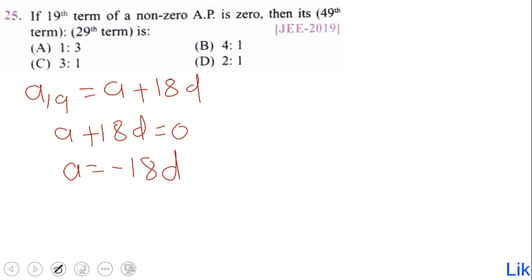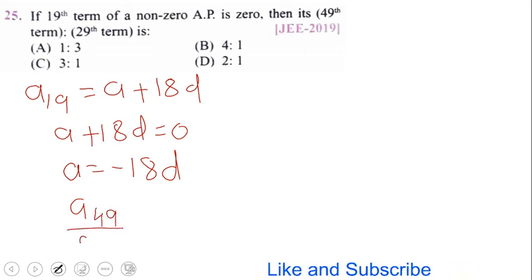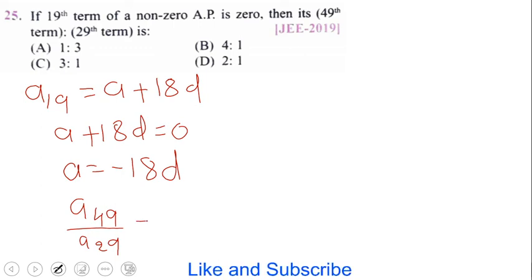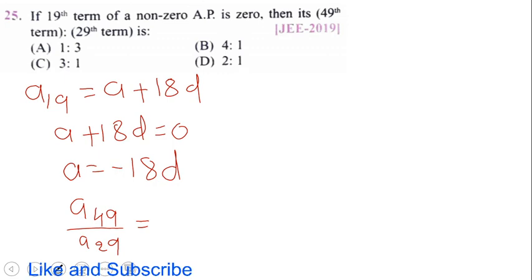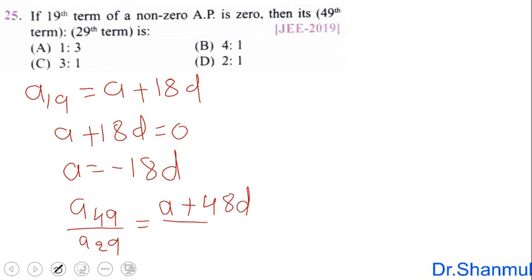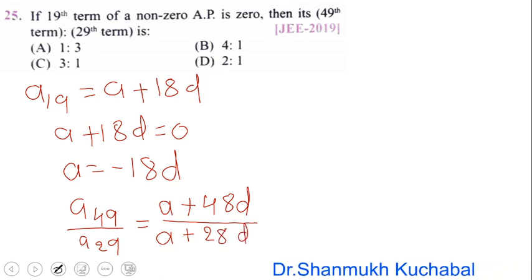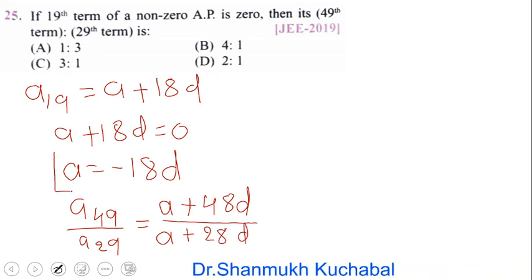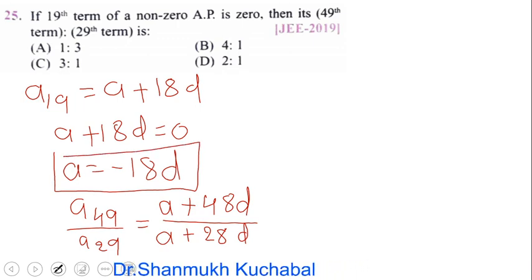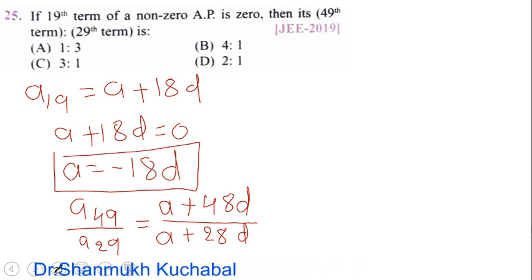What is the ratio here? The 49th term I represent as a49, and the 29th term is a29. So we have a formula in AP, an as a plus n minus 1 times d. This we have to use. So we get a plus 48d, next we get a plus 28d here. Then the a value we have already calculated. This is minus 18 times d. This we have to substitute.